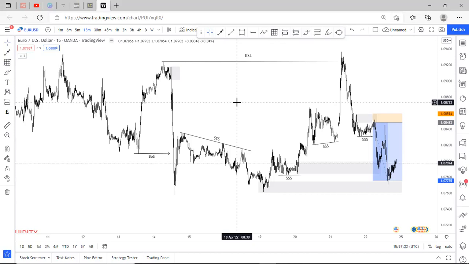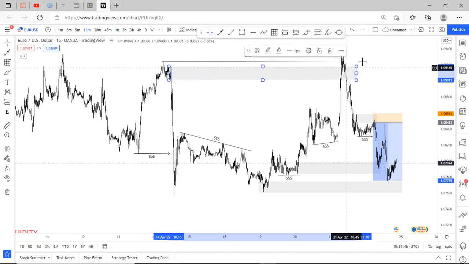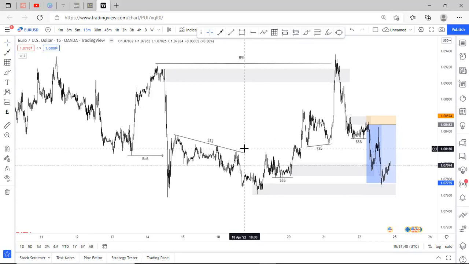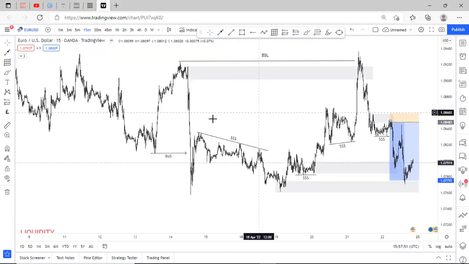You can be used as liquidity at any point in time, even if you are so careful. It can happen that you get taken out of your trade when we have buy side or sell side liquidity.